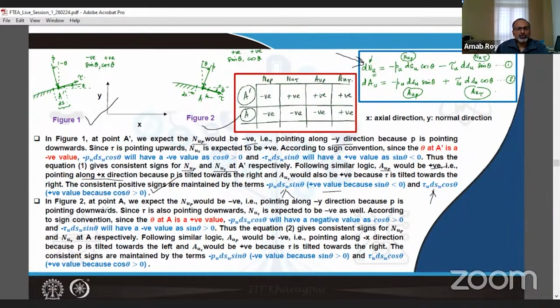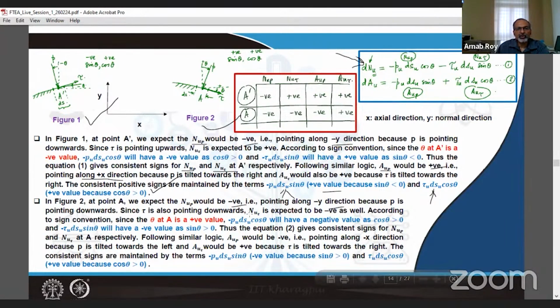Similarly, in figure 2 at point A, we expect N_u,p would be negative since it's pointing along the minus y direction broadly because P is pointing downwards. That's always the case for the upper surface of the airfoil. It's exactly opposite on the lower surface of the airfoil.